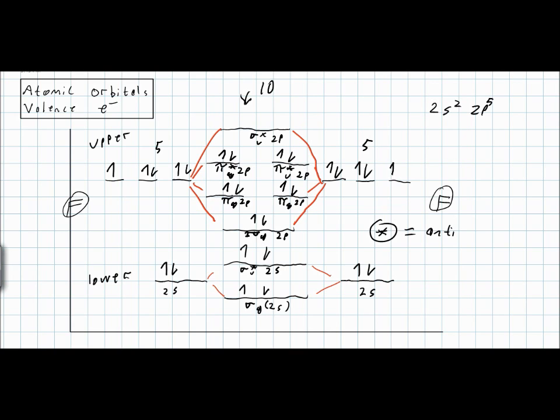Now the pi bond and the anti-pi bond, if you'll notice, are filled. That means that there are no pi bonds in the fluorine molecule, which is to be expected because fluorine is just one of those molecules.